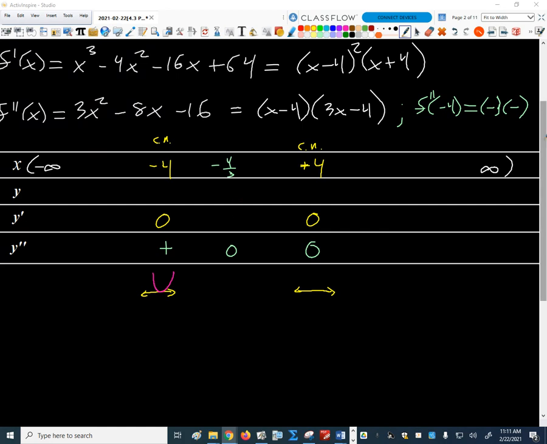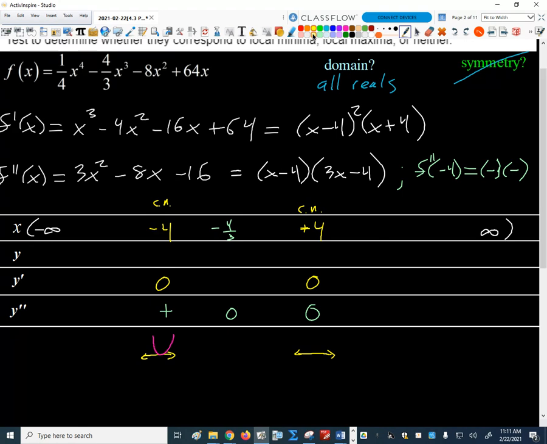So what is the sign of the first derivative at -4/3? Well, I'm squaring that factor, right? So I'm always going to get a positive result when I square something. I'm going to get a number squared. And then -4/3 plus 4 would be positive, wouldn't it? So once again, let me just write that down. If I do f prime of -4/3, I'm getting negative factor squared, which makes it positive, times positive, which gives me positive, right?